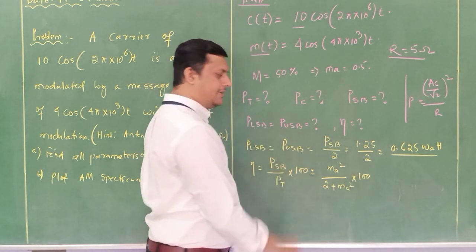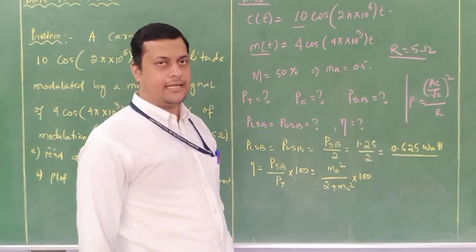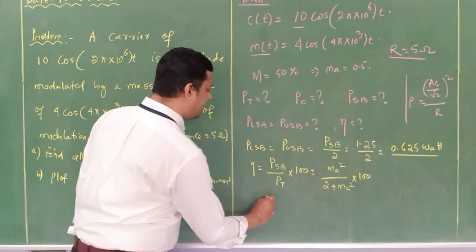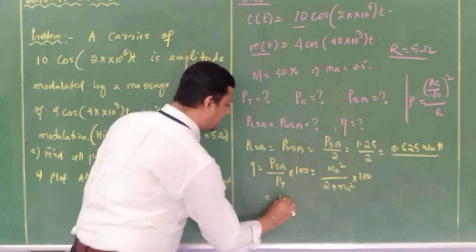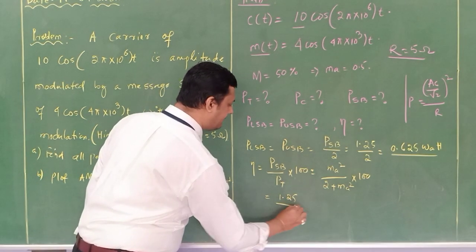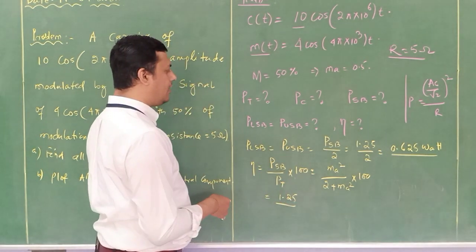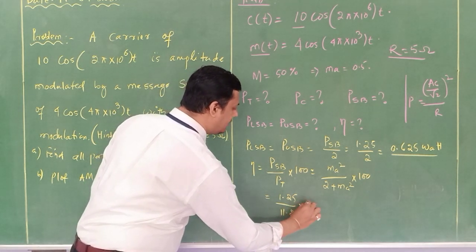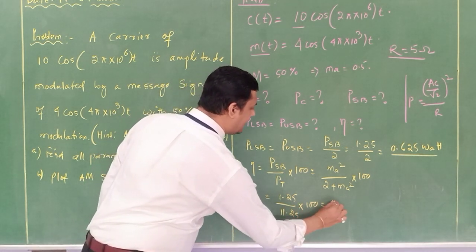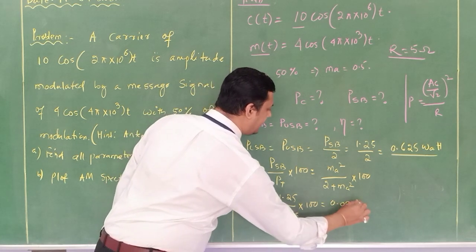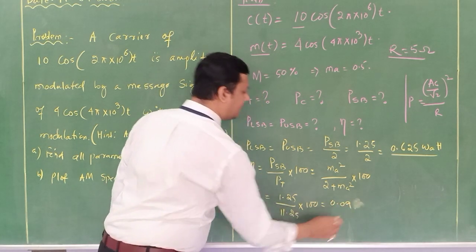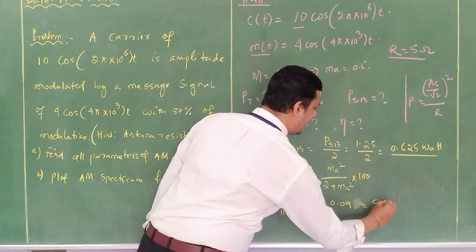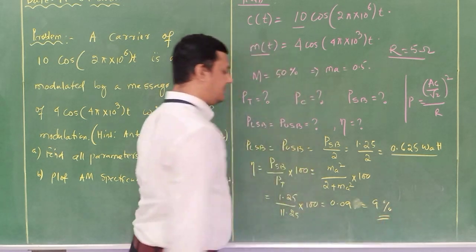If you solve this or if you solve this, the resultant will be same. So sideband power is 1.25, transmitted power is 11.25, into 100, we will get around 0.09, which is equal to 9% of transmission.